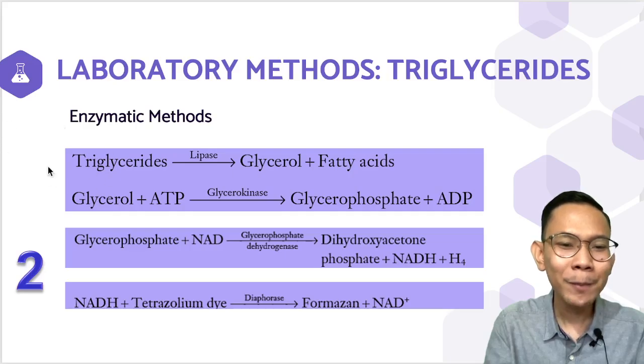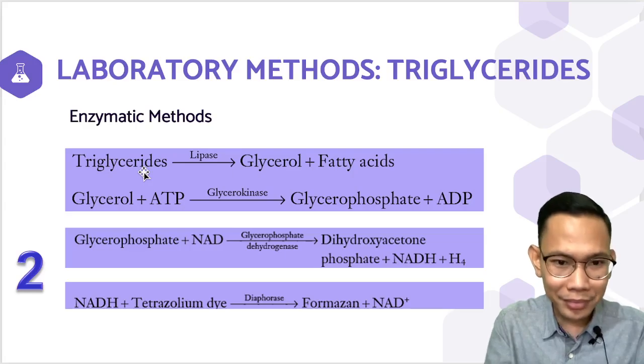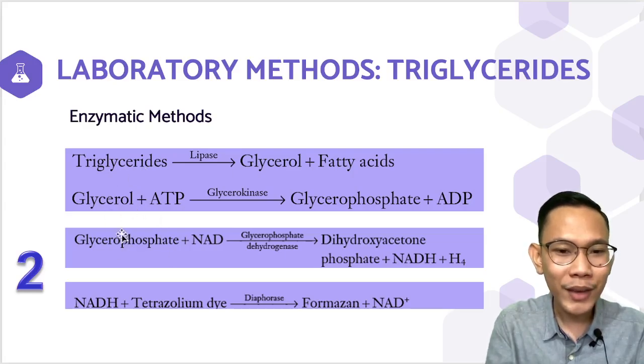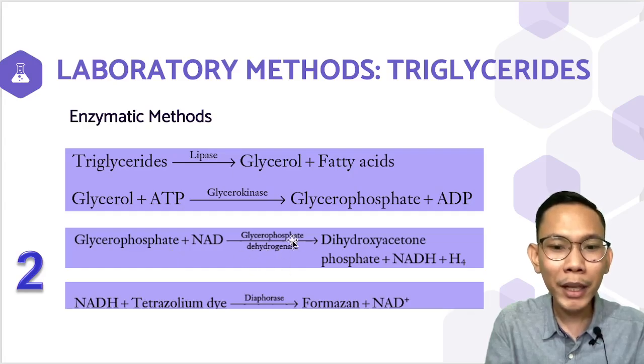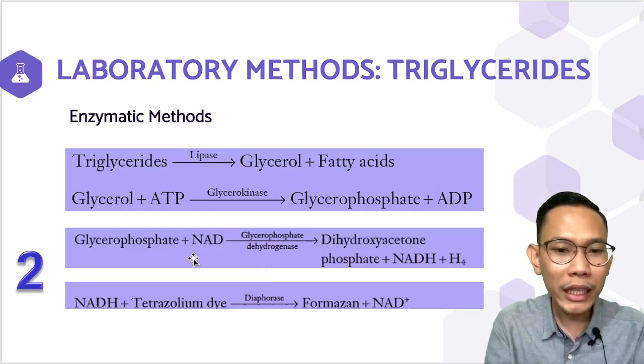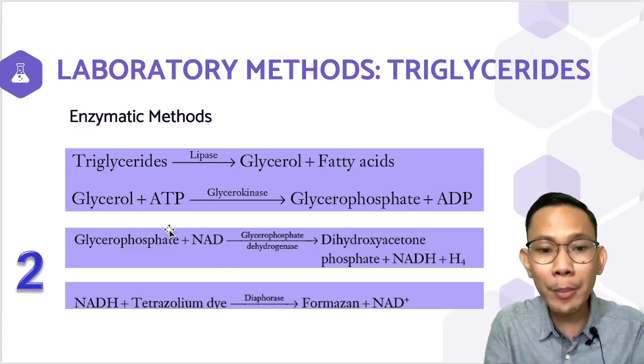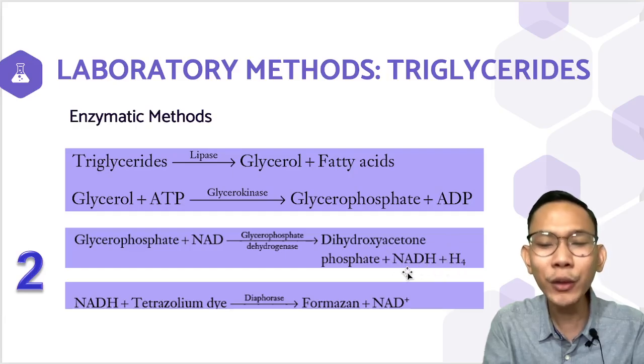Ulit-ulit sinasabi ko, first two steps, similar lang, and ang nangyayari, your glycerophosphate will be acted on by your glycerophosphate dehydrogenase with your oxidized nicotinamide adenine dinucleotide, forming now your reduced nicotinamide adenine dinucleotide.